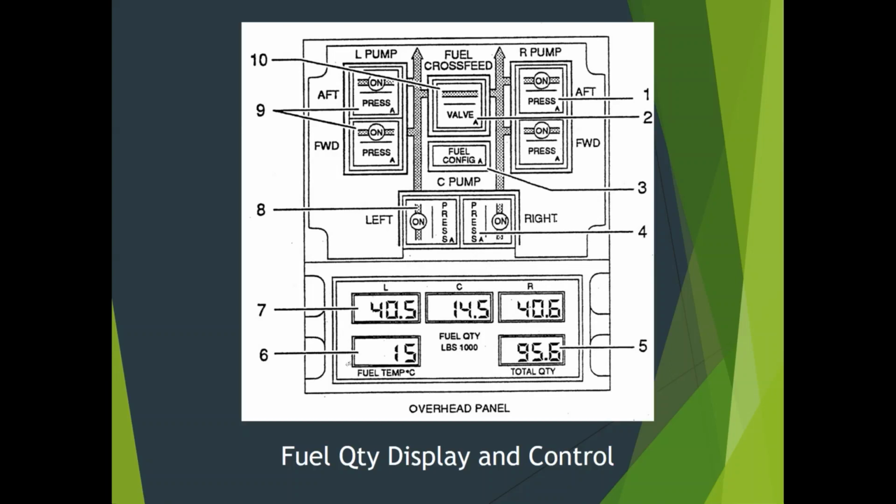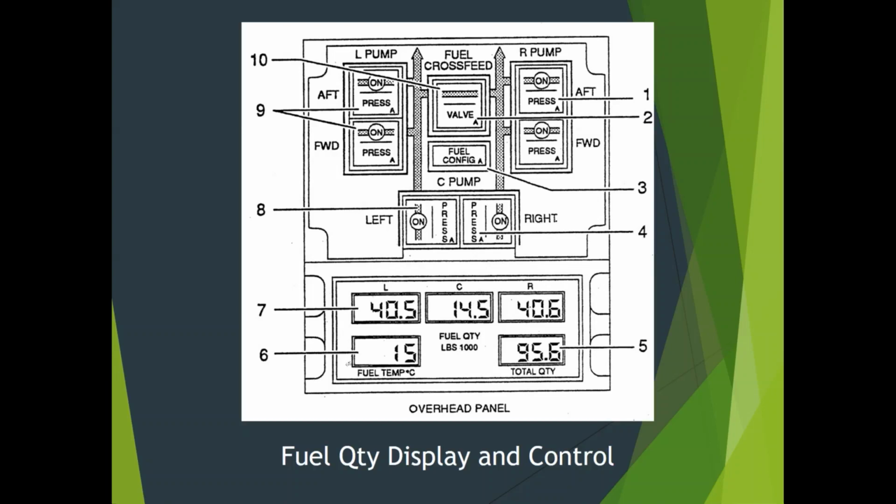In the middle there, with items 2 and 10 pointing at it, is the crossfeed valve. And that would be opened in the case of needing to feed fuel to both engines from a single side.